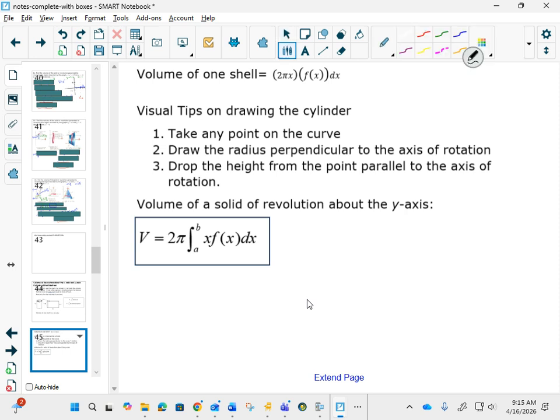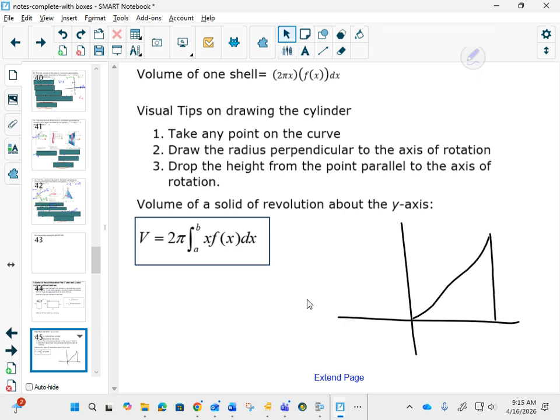So for example, if I wanted to do this shape wrapped around the y-axis, I take a point on my curve. This is the radius of my cylinder. So if I did the exact same thing on the other side, and draw an oval, then this is the height of my cylinder.